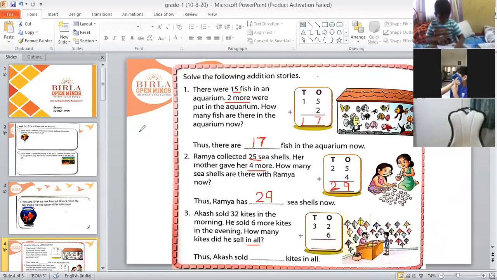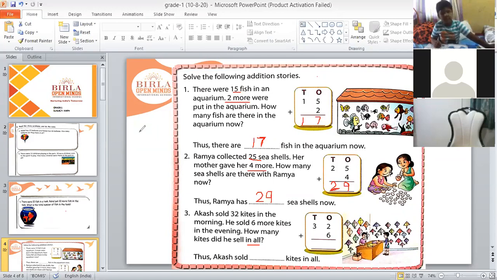So now, Bhanu, you tell me what are the numbers in ones place? Tell me. To keep it in your mind, take 6 fingers.